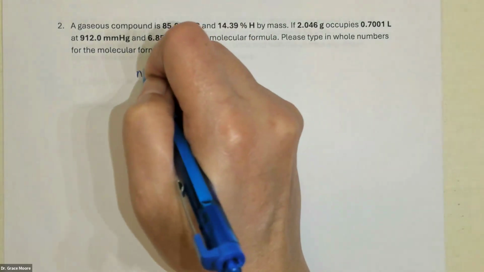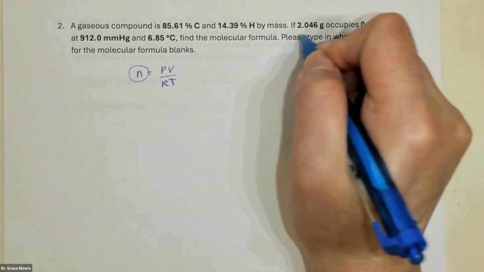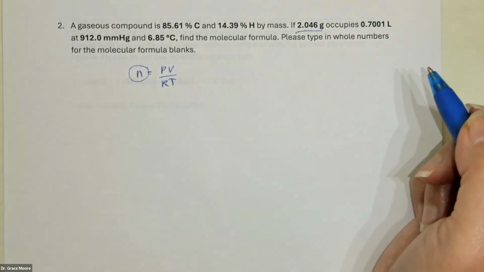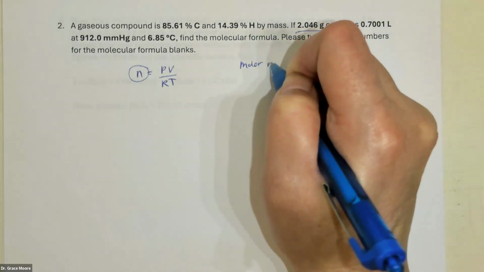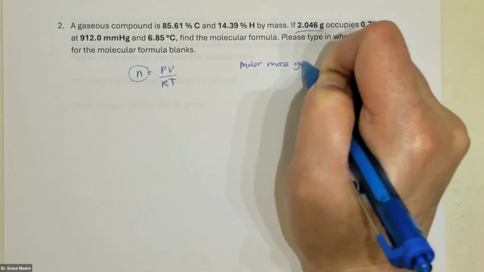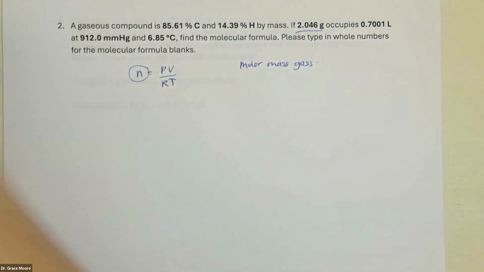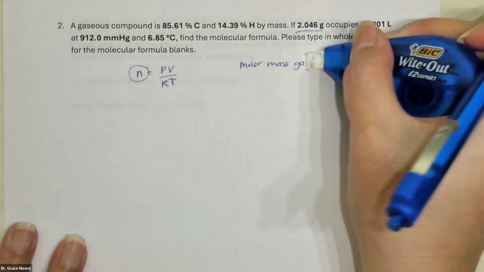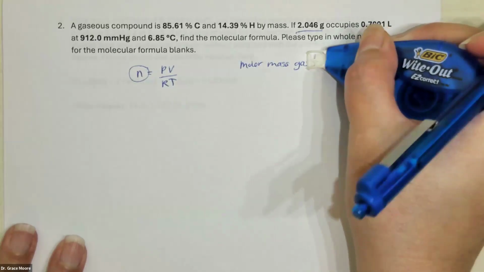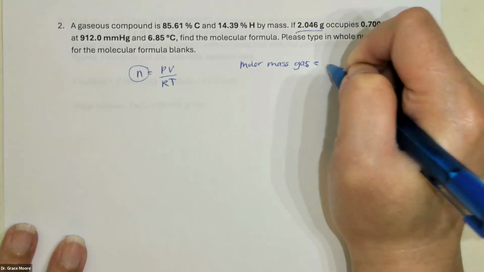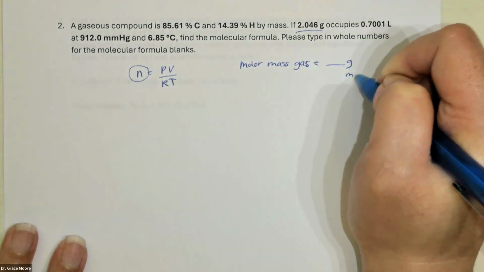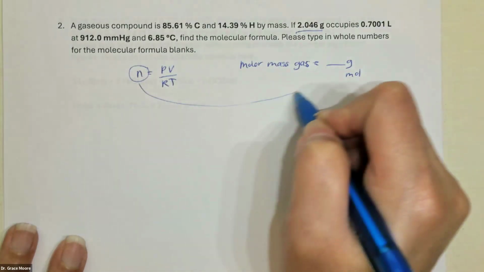And then we take the n, number of moles, and we use it with the grams here. The molar mass of the gas is going to be the grams that's given, whatever the grams is, divided by the moles of the gas that you calculate.